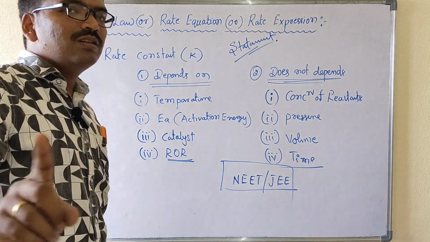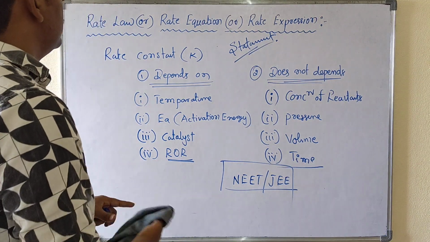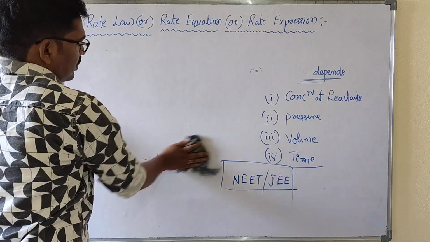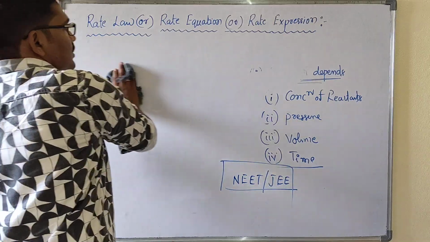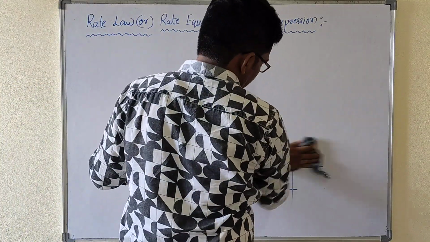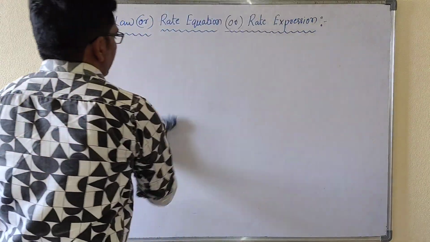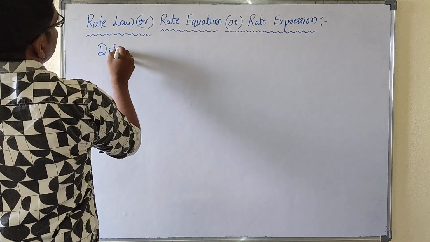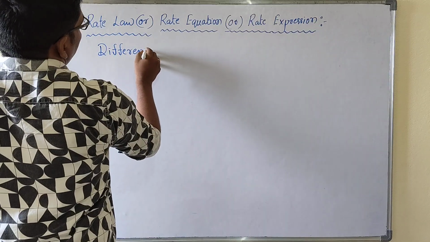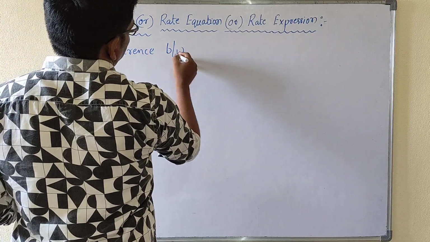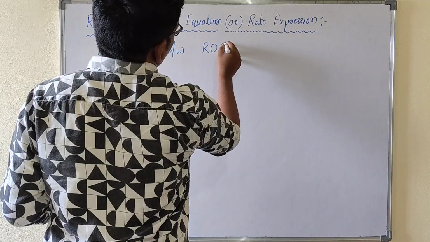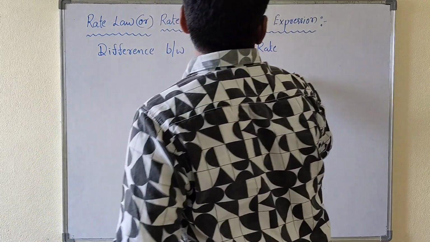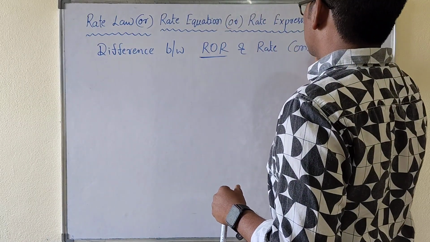Next, what are the differences between the rate of reaction and the rate constant? We'll discuss the differences between rate of reaction and rate constant K. What is another name for the rate constant?